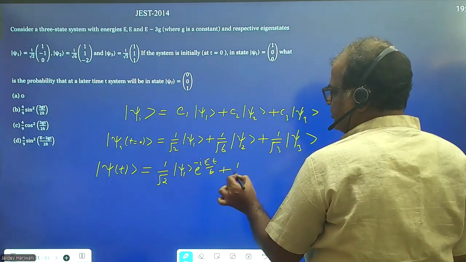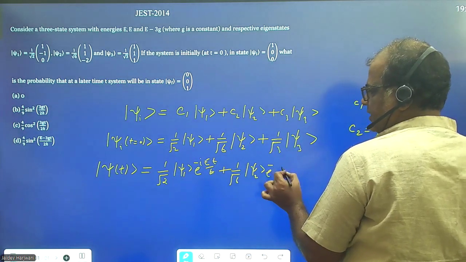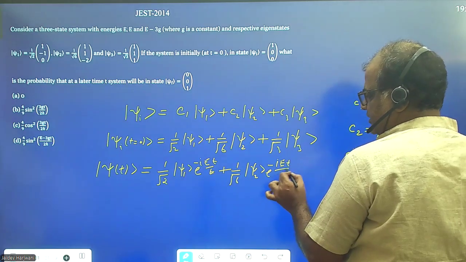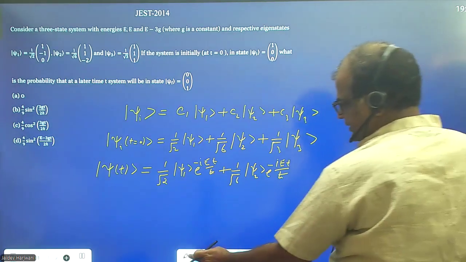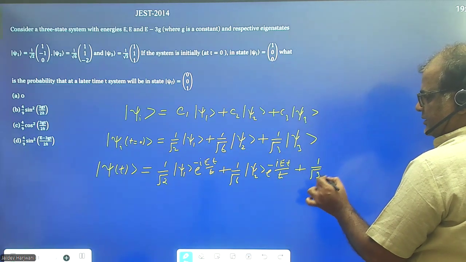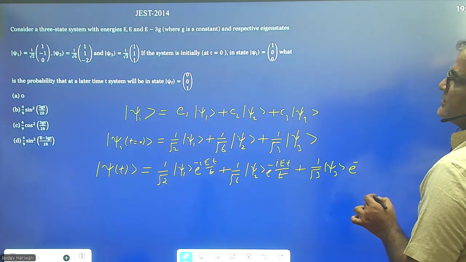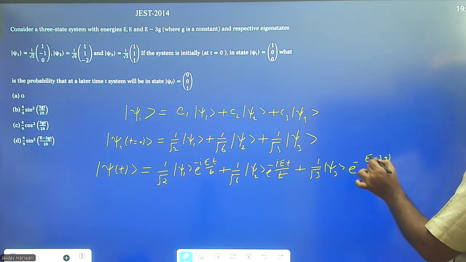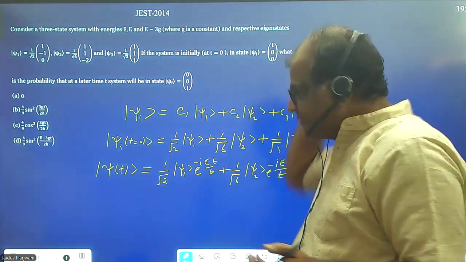Similarly, this will be 1 by root 6 psi 2 e power minus i E, this degenerate energy, t by h cross, plus 1 by root 3 psi 3 e power minus i times E minus 3G, t by h cross. So this is now we have psi t.